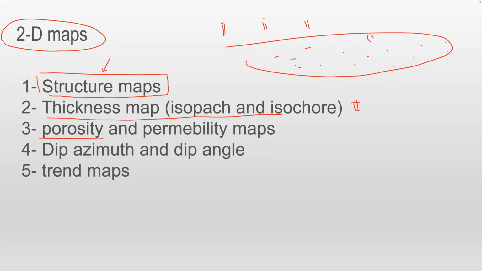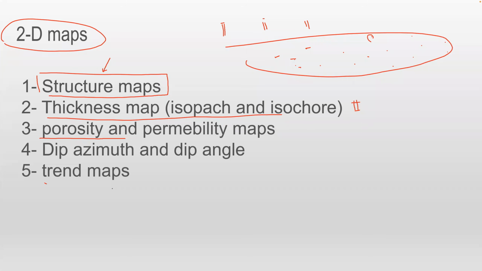Sometimes the sedimentologists give you, based on the depositional environment interpretation, some sort of trend maps. For example, he or she gives you a trend map about where the porosity goes up and where the porosity goes down.